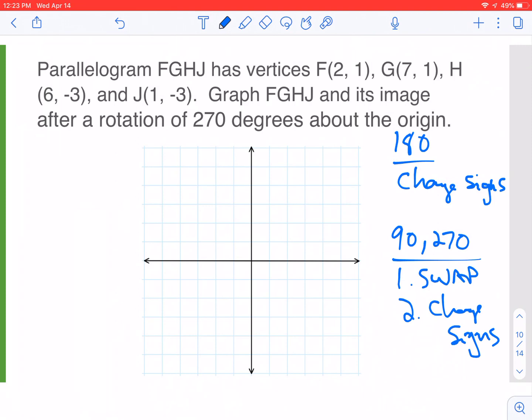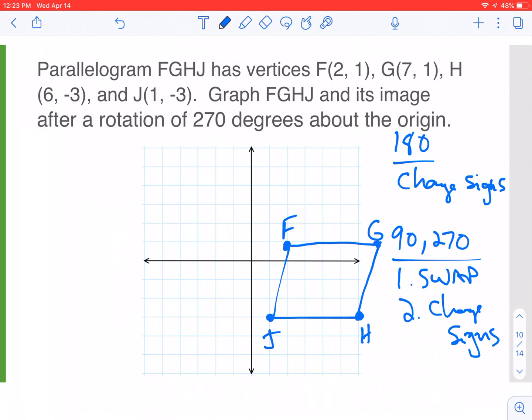Okay, so we have our same shape. 2, 1, 7, 1, 6, -3, 1, -3, so F, G, H, and J.